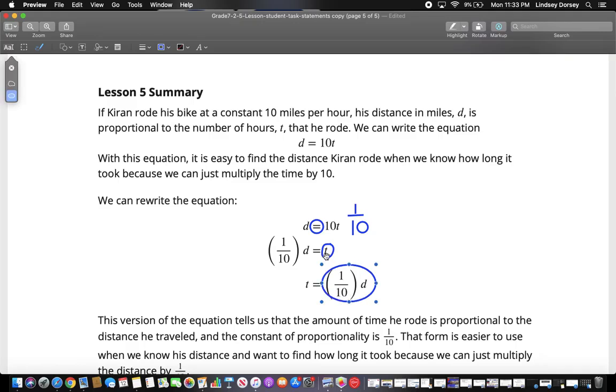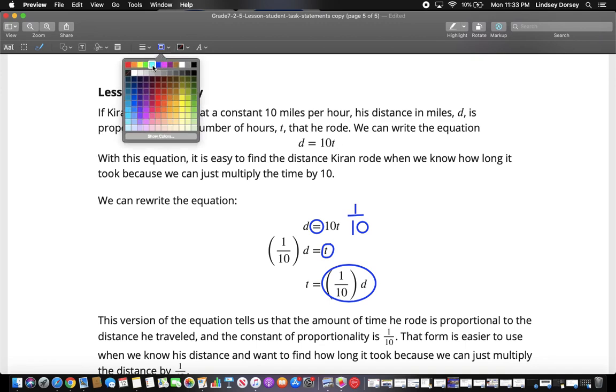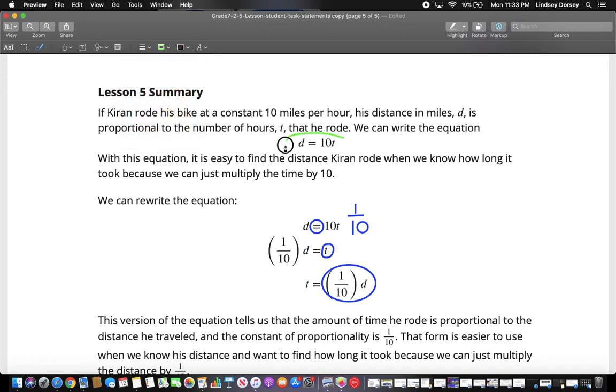And that is still equal to t. So you can see that this equation, d equals 10 times t, is equivalent to the equation t equals 1/10 d, because the reciprocal of 10 is 1/10, and our variables switched places.